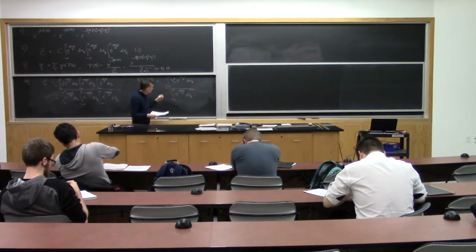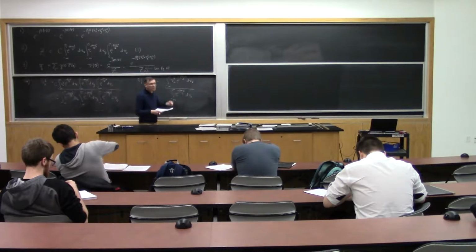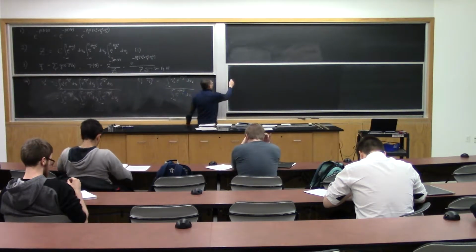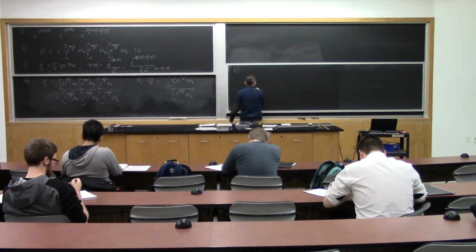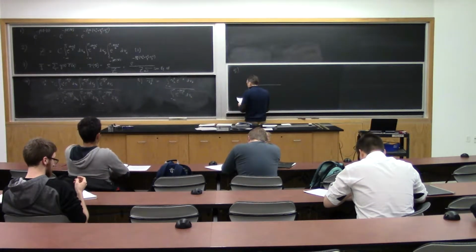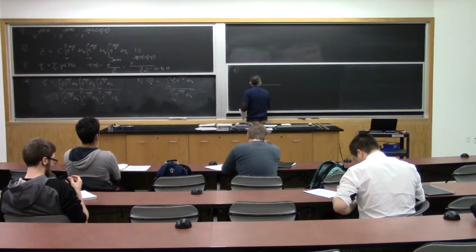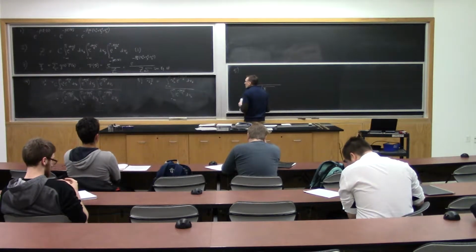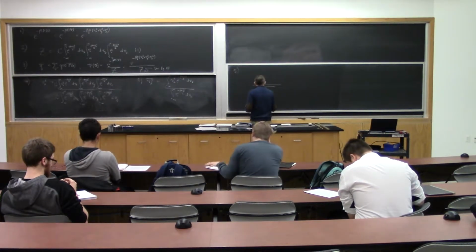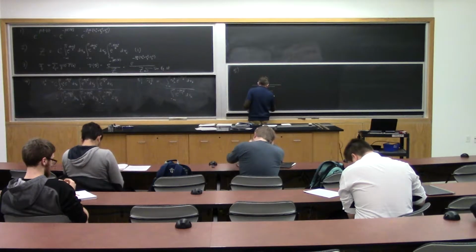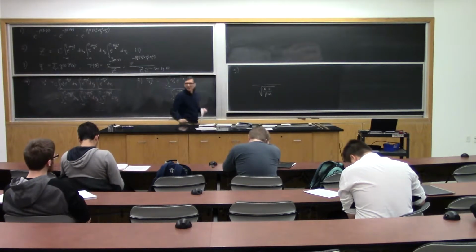Here, a is beta m over 2. So, for the denominator, still doing part 5, we will have square root of pi over a, where a is beta m over 2. So there's the denominator.